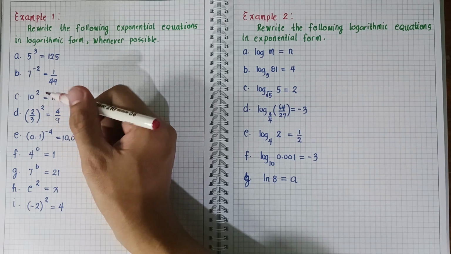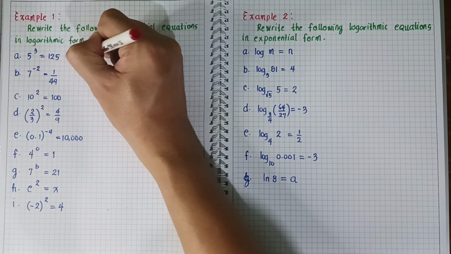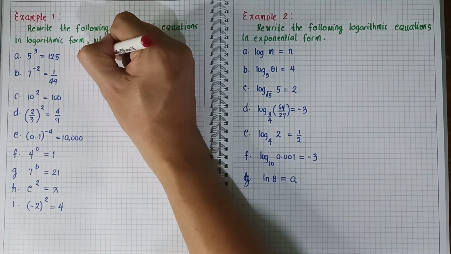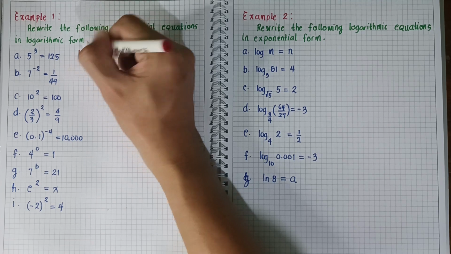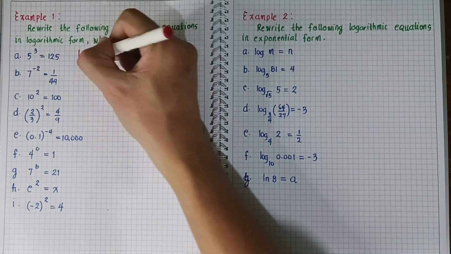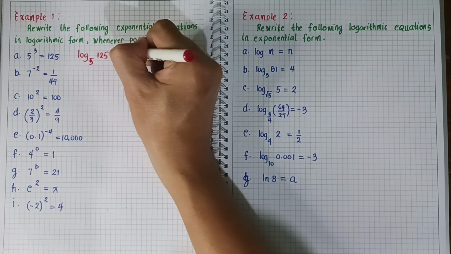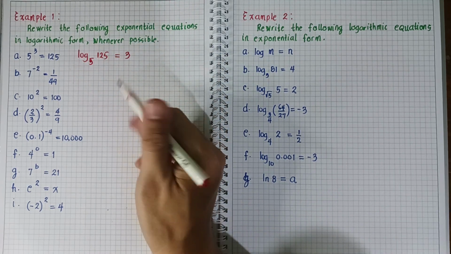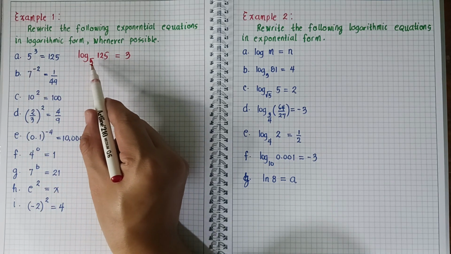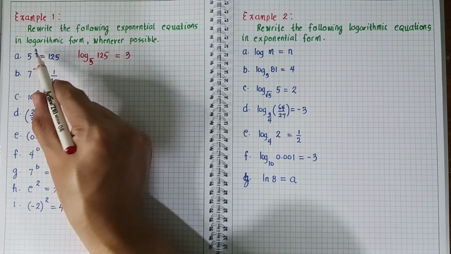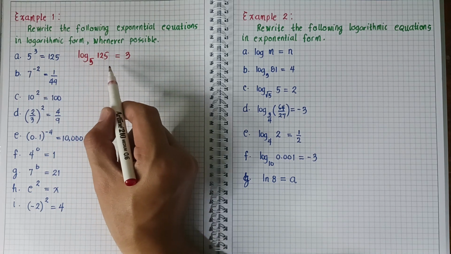This is possible, right? So, our answer here is logarithm of 125 to the base 5 equals 3. Here, the base is 5, of course, and 3 is the exponent, or the power, and that is equal to 125.